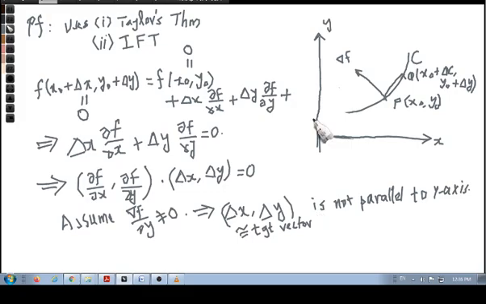So this is a typical figure. This tangent vector is not parallel to the y-axis.